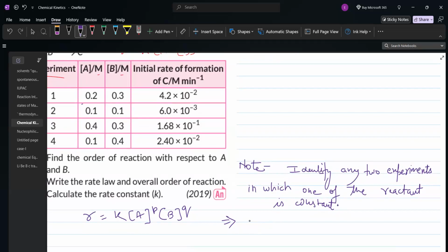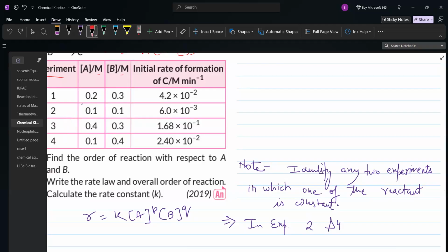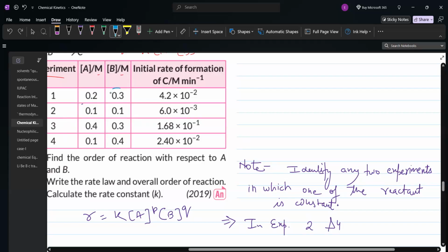So let's see. In experiment, let's see 2 and 4. We are choosing 2 and 4. We can choose 2 and 4 first, or 1 and 3 first. There is no issue in this. See, the concentration of A is equal in these two experiments, 2 and 4.